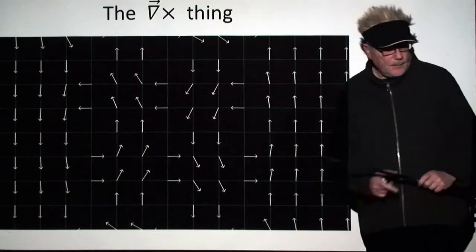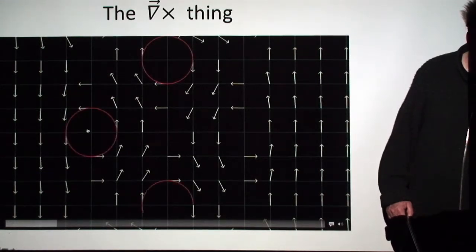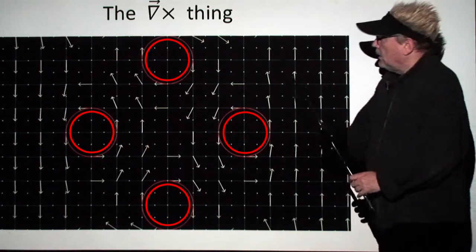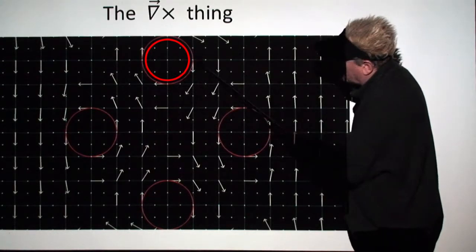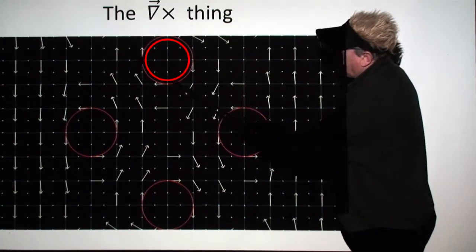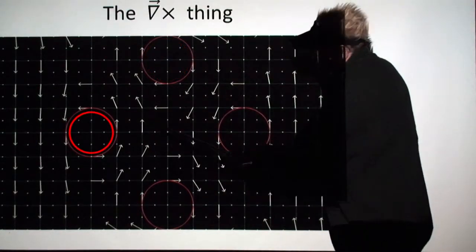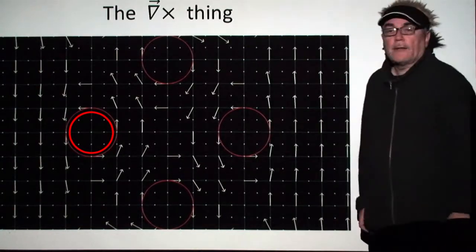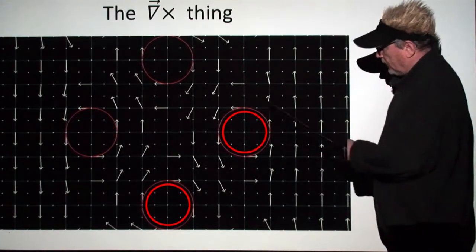Now, if you have a close look at some areas of this field, on the top, on the left, on the bottom, and on the right here, you can clearly see that there's, like here, for instance, kind of a clockwise rotation around this area in the field, right? Here there's a counterclockwise effect. And again here, clockwise and counterclockwise here.